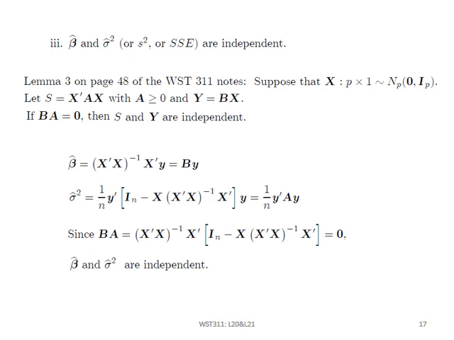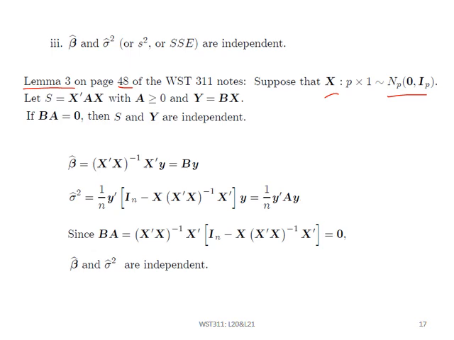It is important to prove that beta hat and sigma hat square are independent. To prove that, we make use of lemma 3 on page 48 of the WST 311 notes. The lemma requires that we have a random vector which is standard multivariate normally distributed.